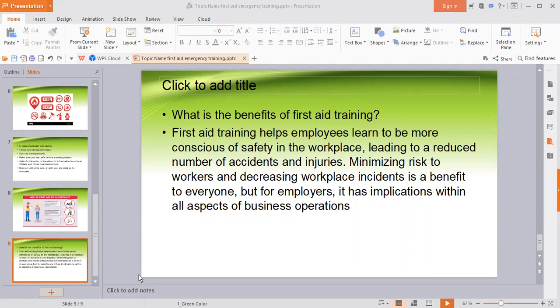So I will let you know the most common emergency types. The most common emergency types include heart attacks and so many environmental conditions.